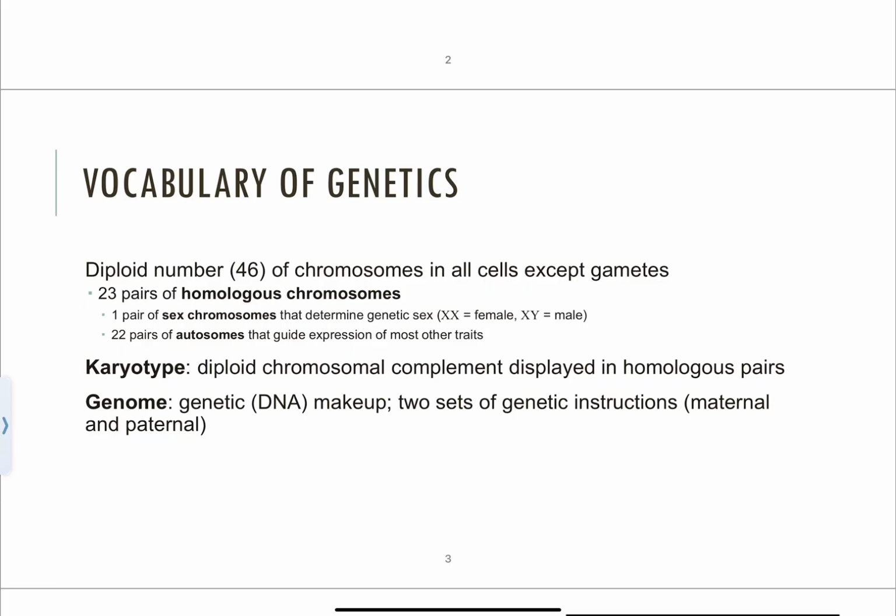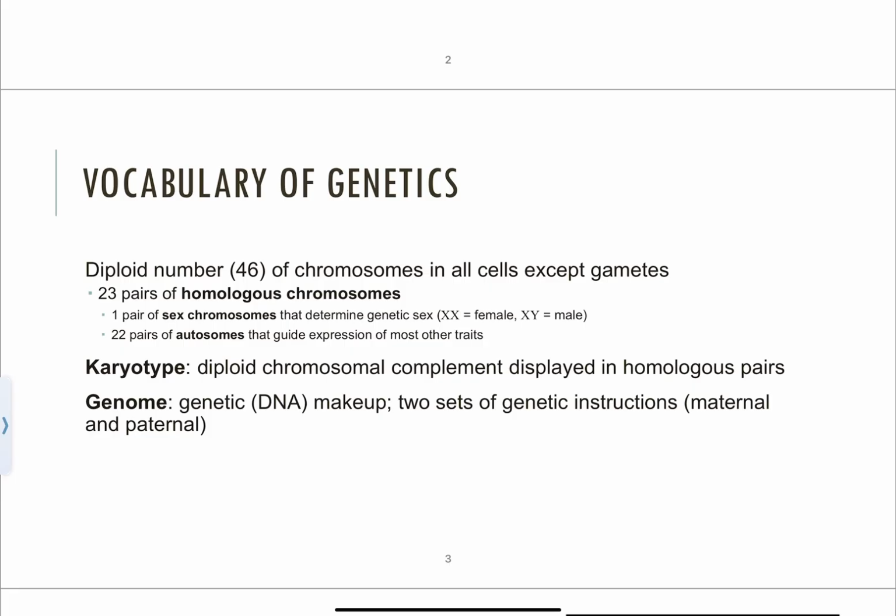So for XX, if we have 2 X chromosomes, you're going to be a female. If you have an X and a Y, you're going to be a male. And then the other pairs of homologous chromosomes that we have are what we refer to as autosomes. And this is basically going to be responsible for all of the other traits that we have within an organism.